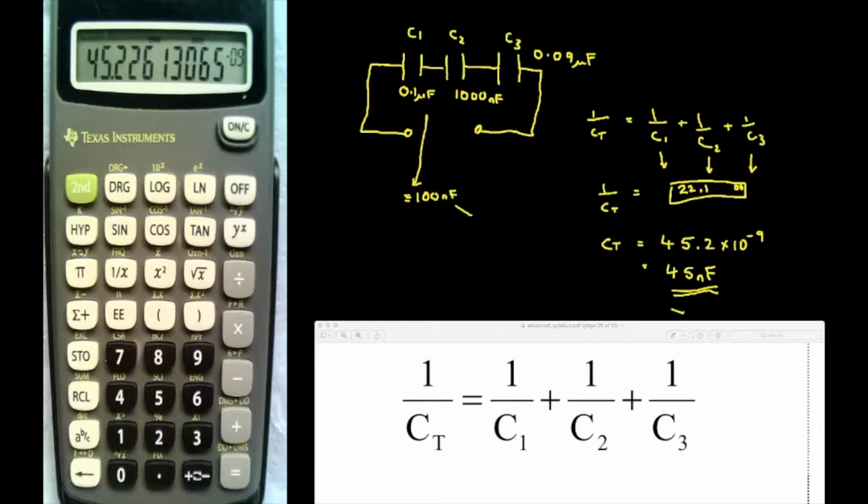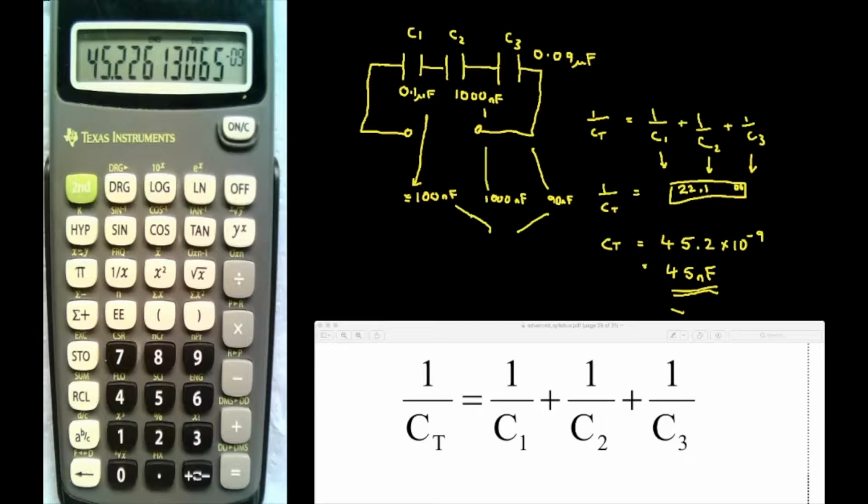This one is obviously 1000 nanofarads, and this one here is 90 nanofarads. 0.09 microfarad is 90 nanofarads. So I've got three values using the reciprocal formula, and it's got to be less than any one of them. Well, I can see here that I've got 100 and a 90 in the reciprocal formula.